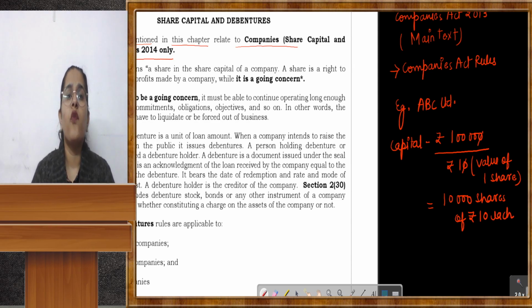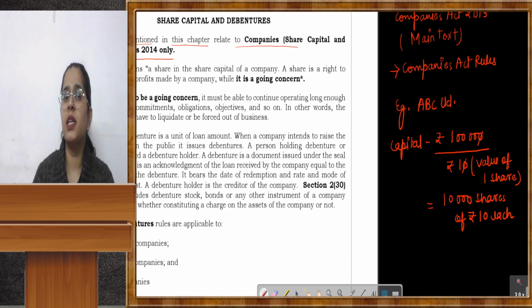It means whenever a company wants the public to come and invest in it, for the purpose of distributing the ownership, what is the company doing? 1 lakh is the capital. Capital means the fund which is required to start a business. So the company is dividing this capital into a number of units, so it can be easily divided among a number of persons.